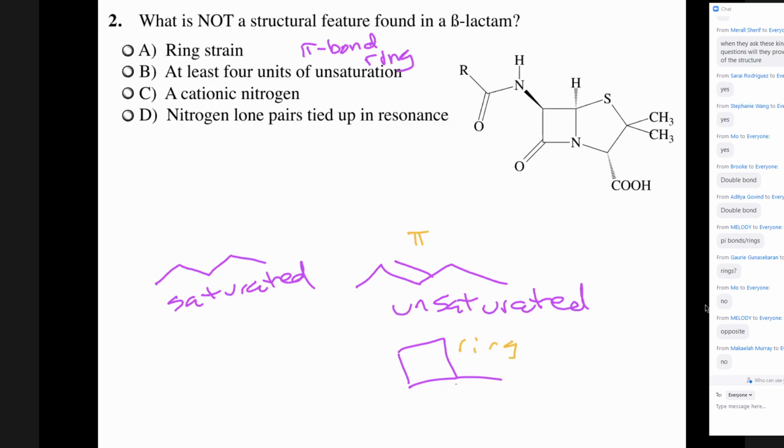So let's count. One ring, two rings, pi bond, pi bond, pi bond. So does this have at least 5 as drawn? Is there a plus charge on a nitrogen, or are all the nitrogens tied up in resonance?